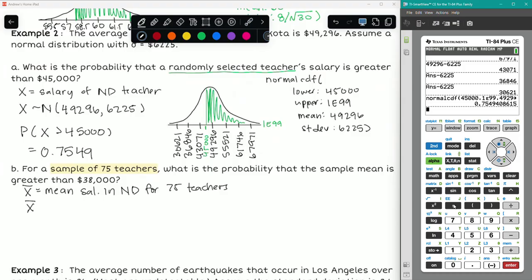Because that sample size of 75 is bigger than or equal to 30, I know it's going to be normal. I know the mean is going to stay the same. And the standard deviation is going to be divided by the square root of the sample size.